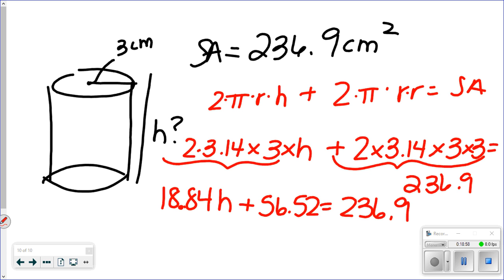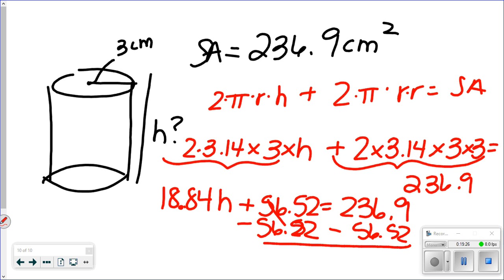What's the next step? What do I need to get rid of? Lizzie? You cancel out the 56. And how am I going to do that? Subtract. You're right, let's subtract it from both sides. Good.